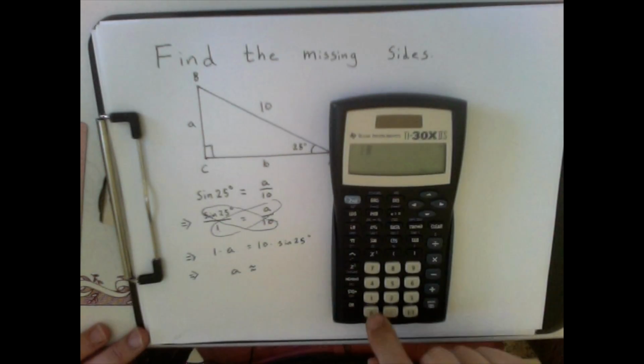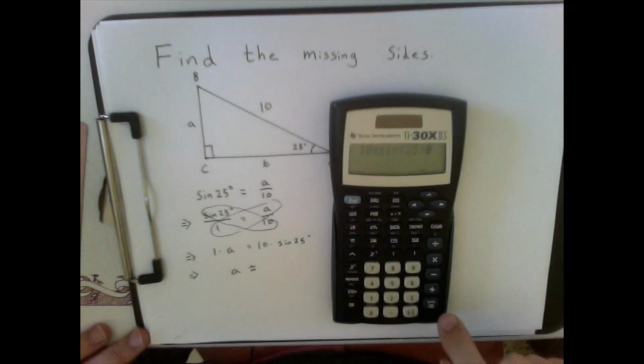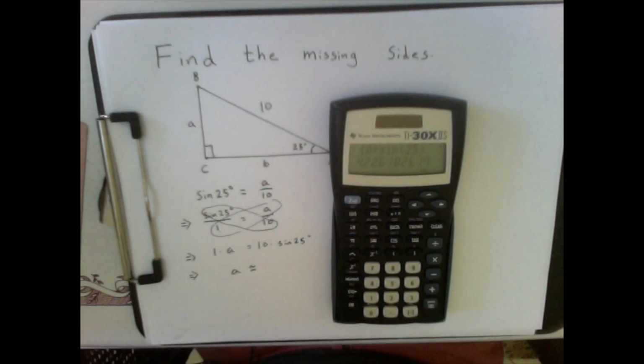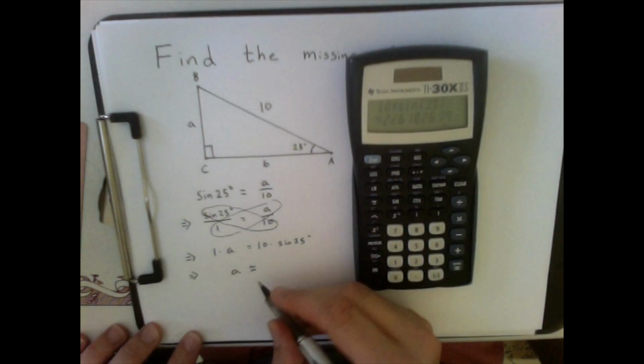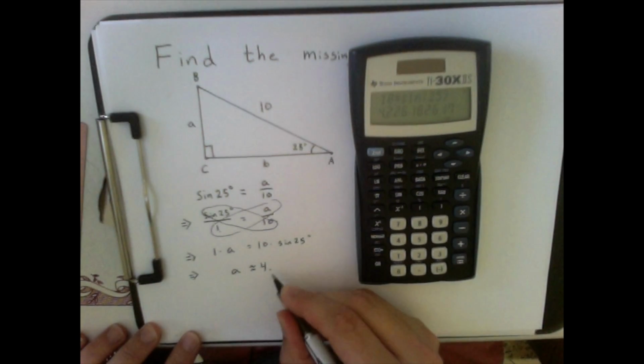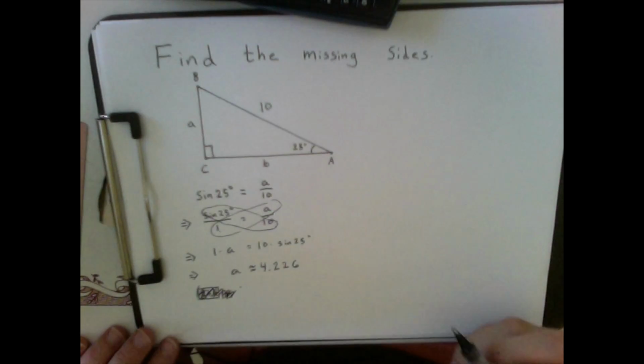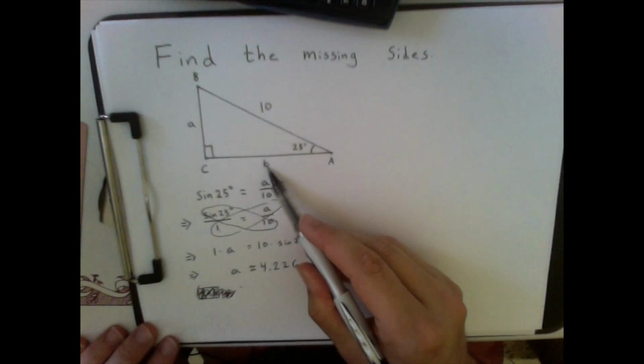Now we're going to do 10 times sine of 25 degrees. And we get the answer is about 4.226.